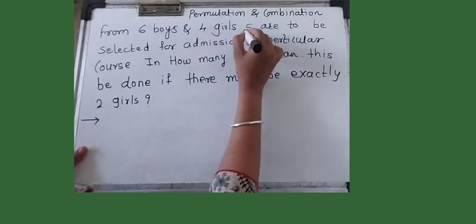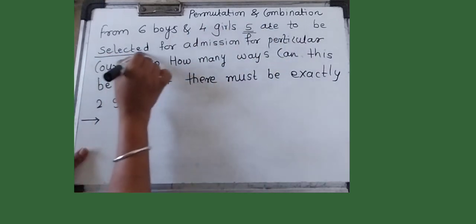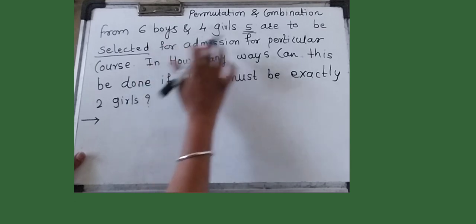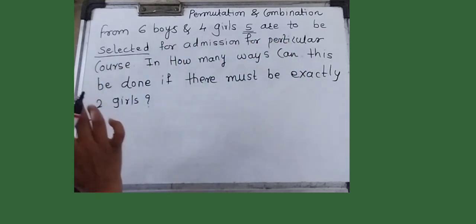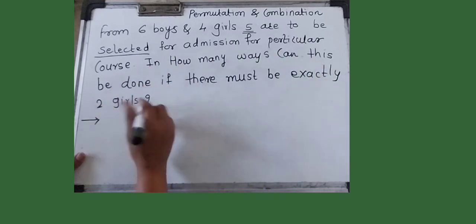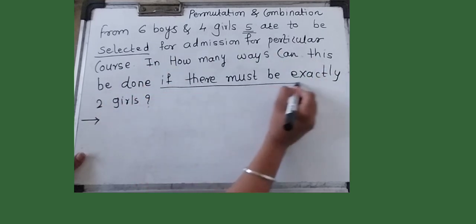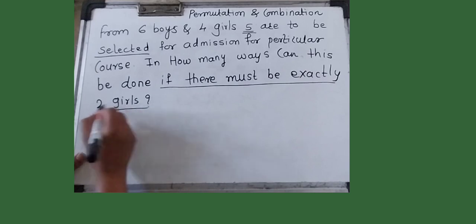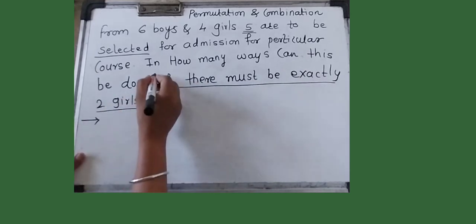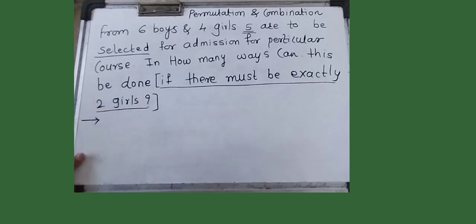How meaning? 5 are to be selected. Selection word is there, so we use combination here for the admission for particular course. Okay. In how many ways can this be done? This is the condition. If there must be exactly 2 girls. This is my condition.